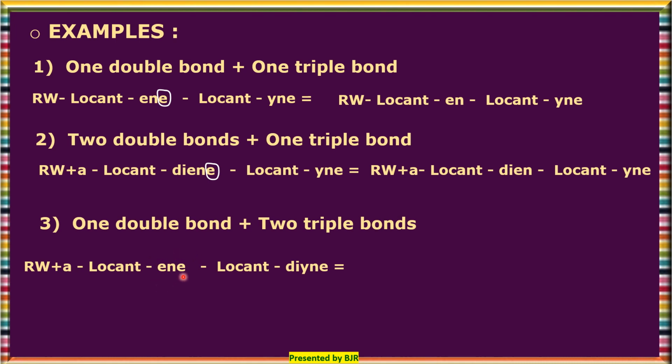Because it is followed by the suffix beginning with D. E should be dropped only when it is followed by a suffix beginning with A, I, O, U or Y. However, here E is followed by the suffix D. For that reason, here E should not be dropped. We have to write this IUPAC name as it is.